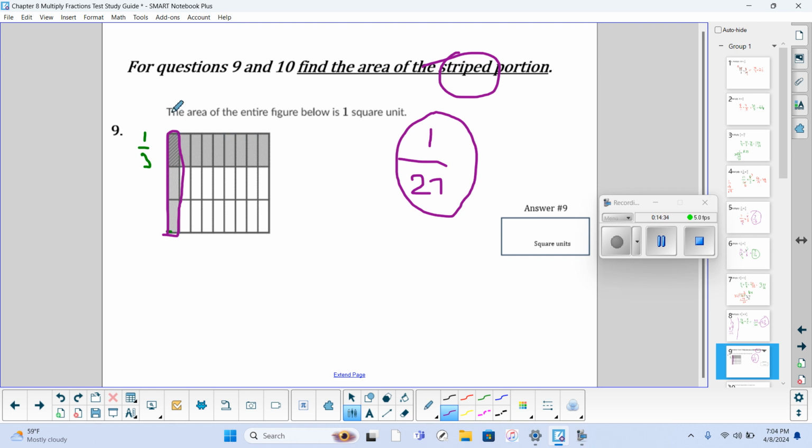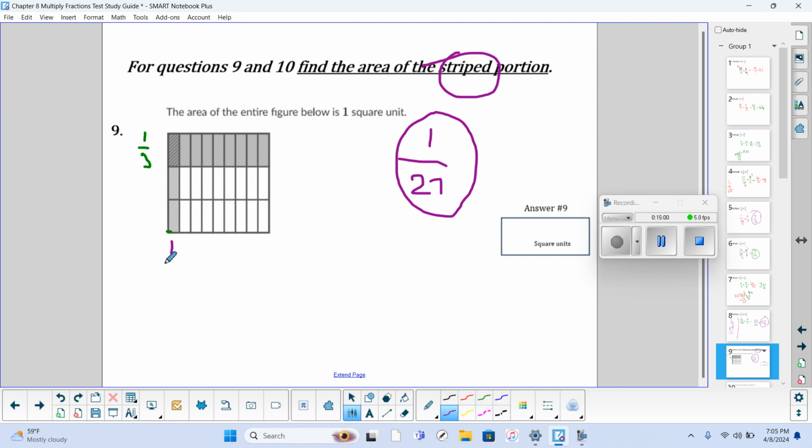So what is shaded here is one of the 9 pieces that look like this. So this would be 1/9, 2/9, 3/9, 4/9, 5/9, 6/9, 7/9, 8/9, 9/9. One of the 9ths is shaded in. So hopefully that visual helped you see it. So this is 1/9 shaded this way.